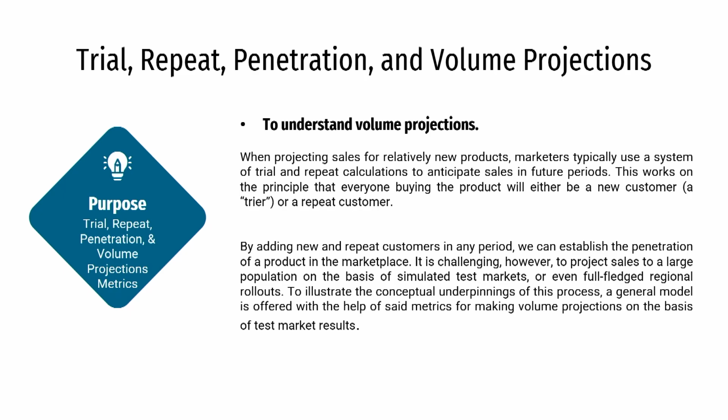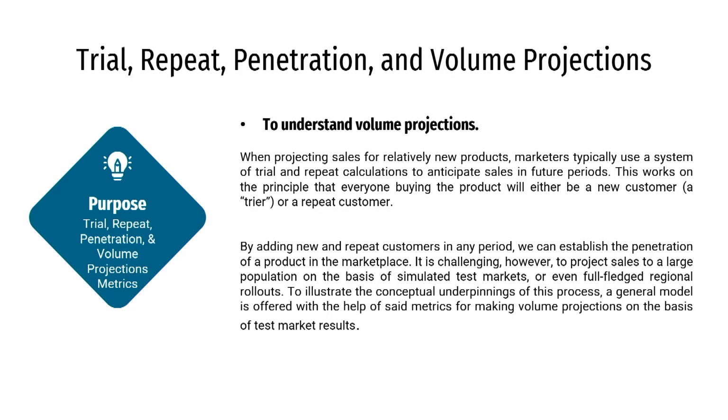Now, let us try to understand what is the purpose of this matrix: trial, repeat, penetration and volume projections. To understand this volume projection, when projecting sales for relatively new products, marketers typically use a system of trial and repeat calculations to anticipate sales in the future period.